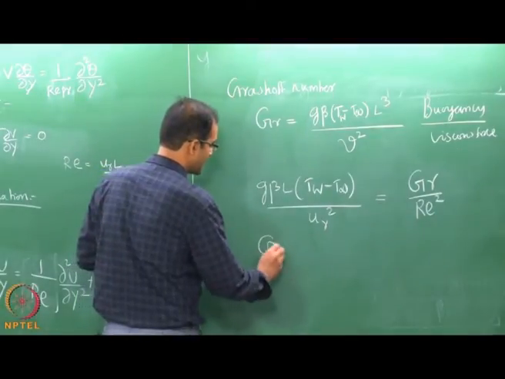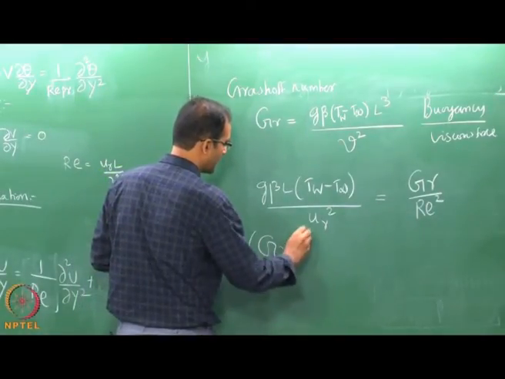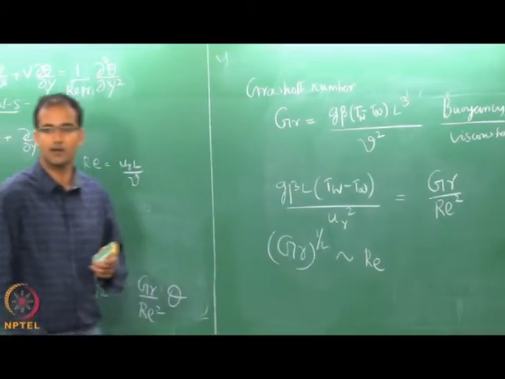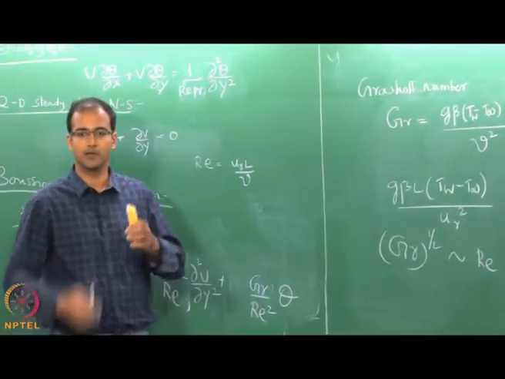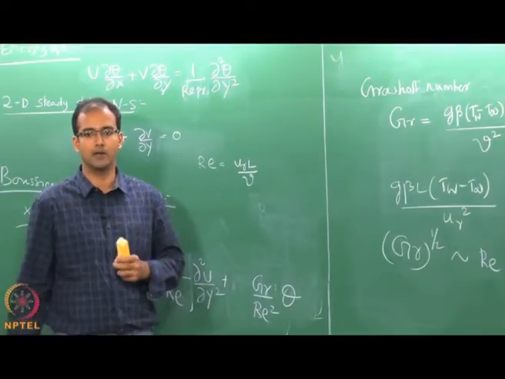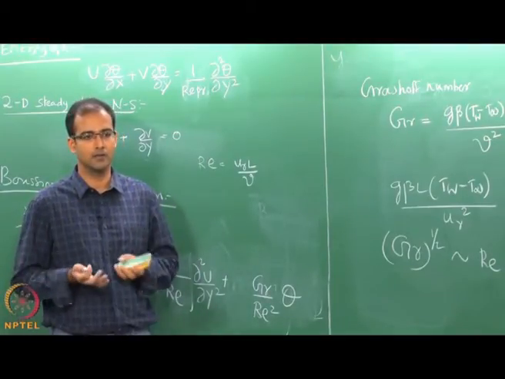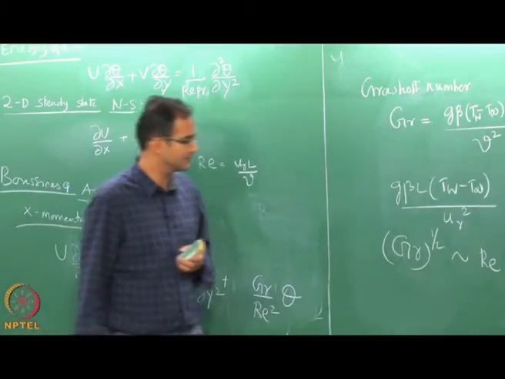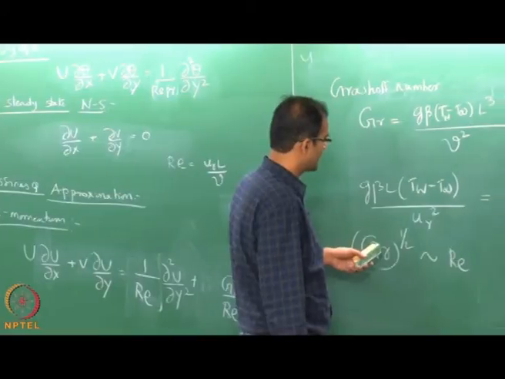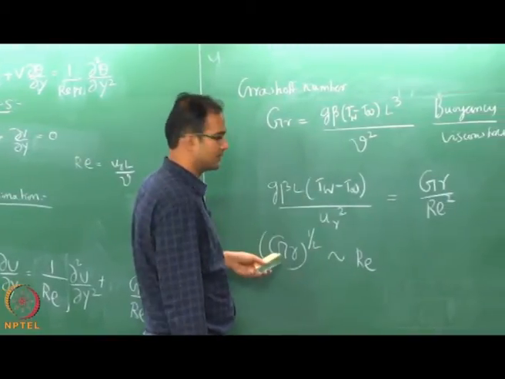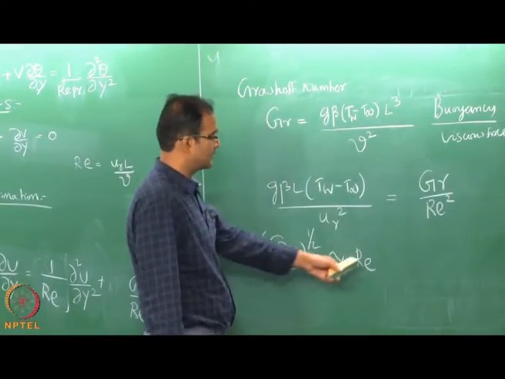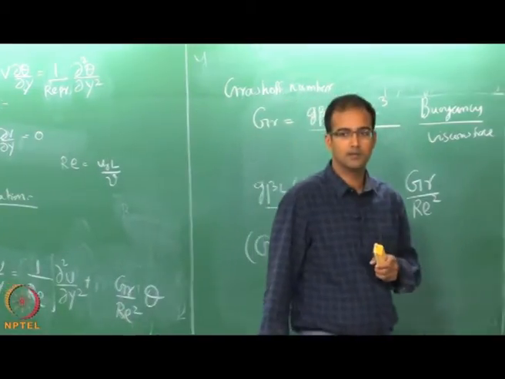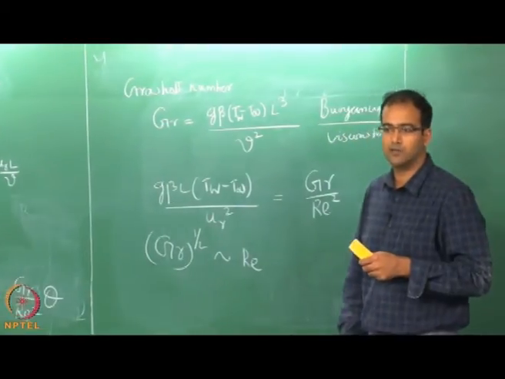So, you can say that Grashof number to the power half is of the same order as the Reynolds number, correct, because we have Gr by Re square. That means the order of Re square should be of the same order as Gr. Now, therefore, you can substitute the expression for Grashof number and Reynolds number, then calculate the order of the reference velocity.